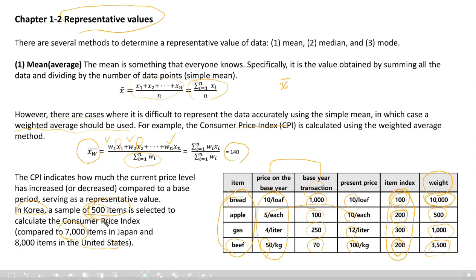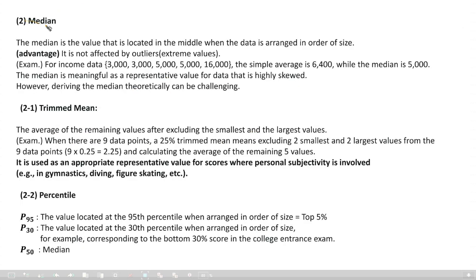You get it? Okay. Another one is median. Median is the value that is located in the middle when the data is arranged in order of size, magnitude. Advantage: it is not affected by outliers. Outliers means extreme values. For income data, 3,000, 3,000, 5,000, 5,000, 16,000. Okay, there are only five data points.